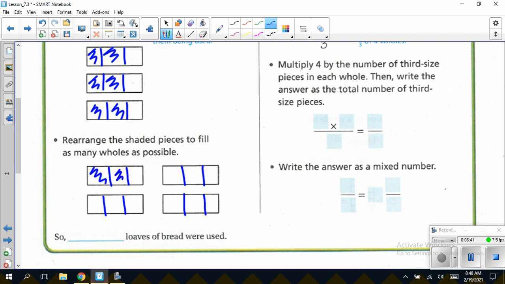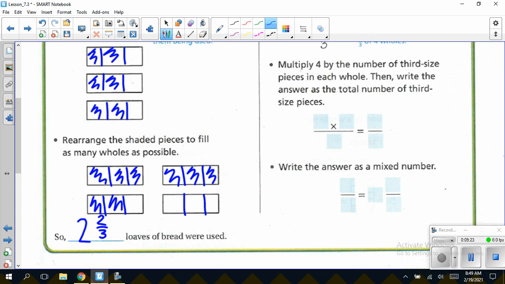So 1, 2, 3, 4, 5, 6, 7, 8. So I see that there were 2 full loaves of bread that were completely used. And then I see that I have 2 out of 3 additional loaves. I apologize, because I have 2/3. So I have 2 2/3 loaves of bread that were used.